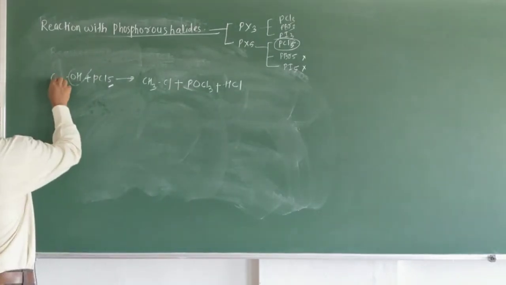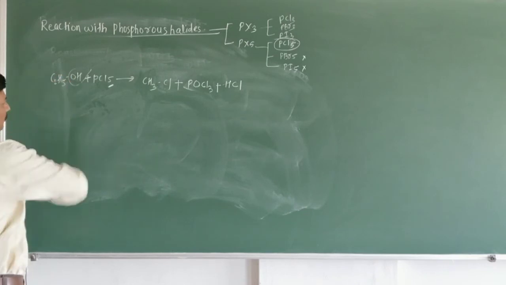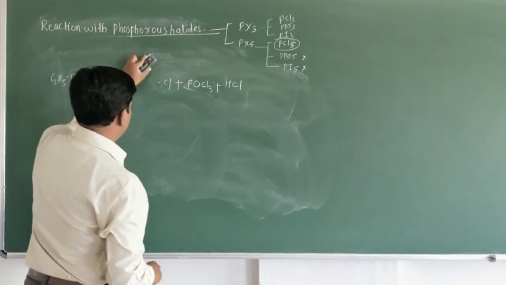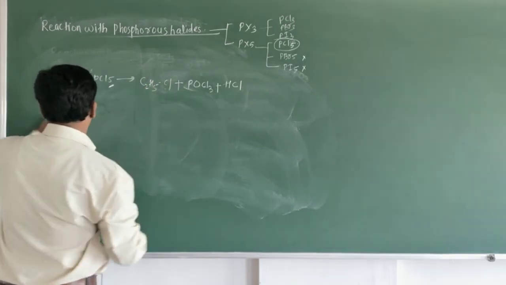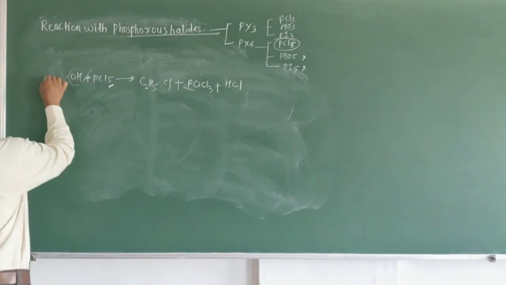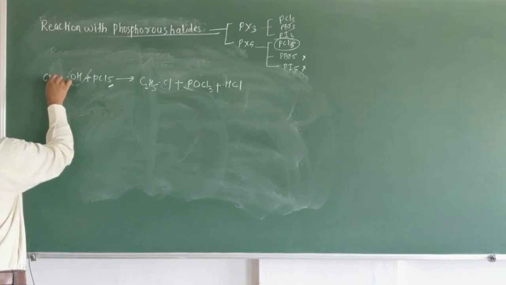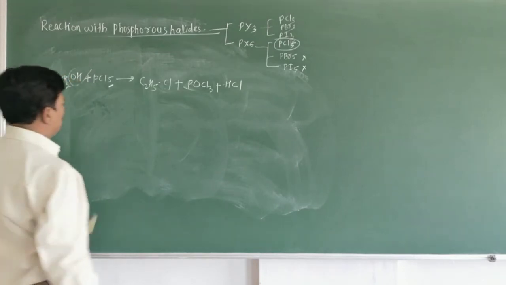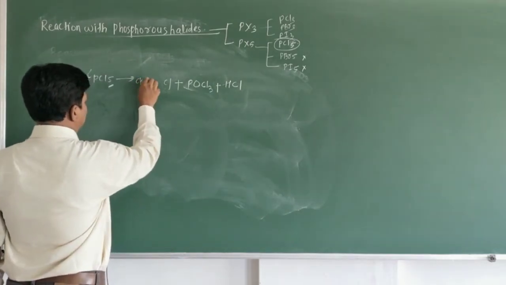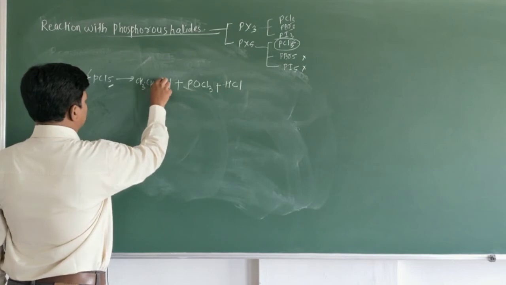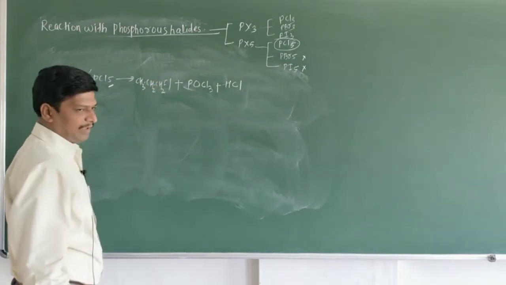Now if we take C2H5OH, ethyl alcohol, when it reacts with phosphorus pentachloride it forms ethyl chloride. When n-propyl alcohol, CH3CH2CH2OH, reacts with phosphorus pentachloride, it forms CH3CH2CH2Cl, n-propyl chloride.